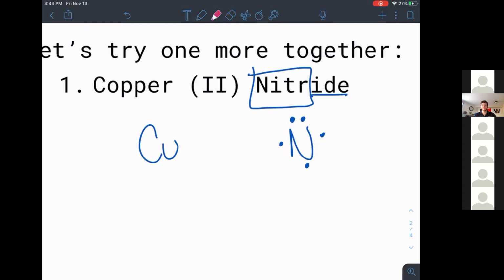The polyatomic sheet. And if we look for copper with that Roman numeral 2, what would the charge be then? A +2. So this Roman numeral 2 tells us that there's a +2 charge, or that there are 2 valence electrons on this copper.